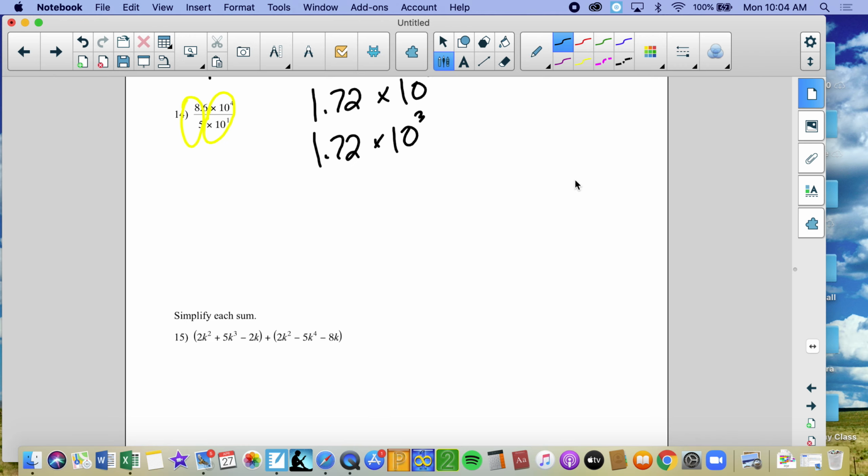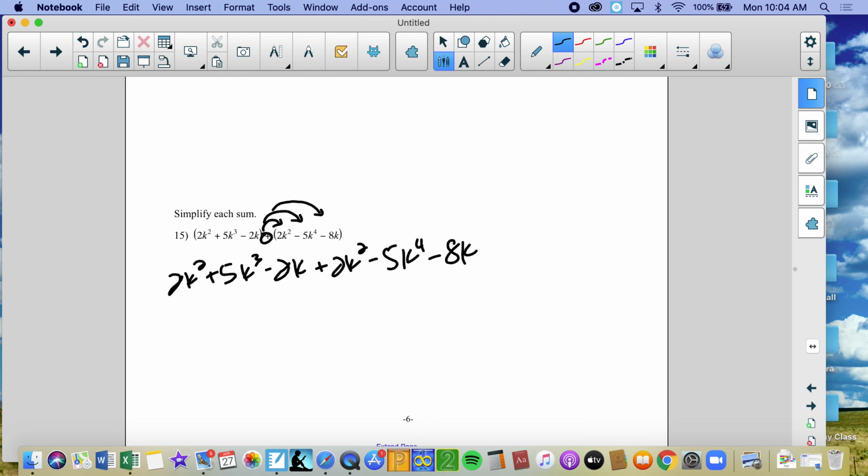Here we have polynomials. We're adding polynomials. If we distribute this positive 1 into it, that would just leave us with 2k squared plus 5k to the third minus 2k plus 2k squared minus 5k to the fourth minus 8k. It doesn't change any of the values inside there because a positive 1 just keeps it the same.